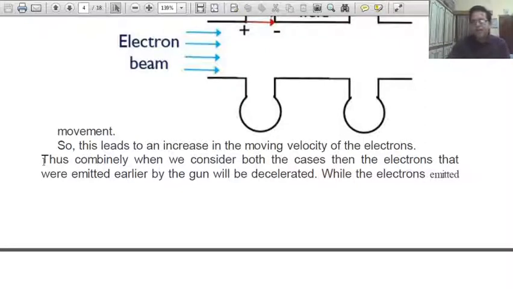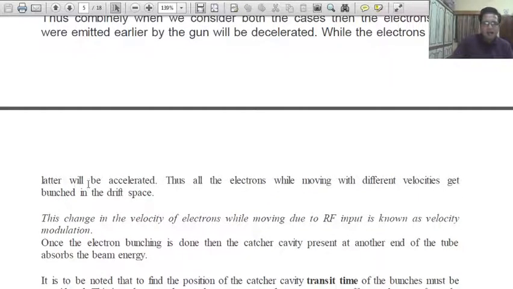Thus, when we consider both the cases, the electrons that were emitted earlier by the gun will be decelerated, and the electrons emitted later will be accelerated. Thus all the electrons, while moving with different velocities, get bunched. Suppose a group is running, a few are of slower velocity, a few are of faster velocity.